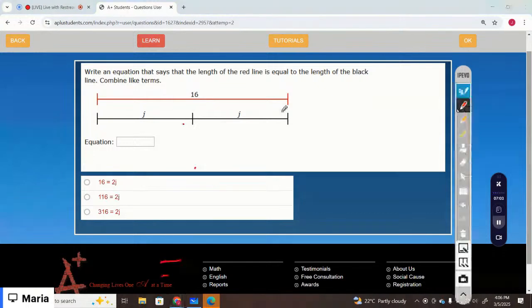So the length of the red line is 16. Now we have to look for the length of the black line. The black line has two portions.